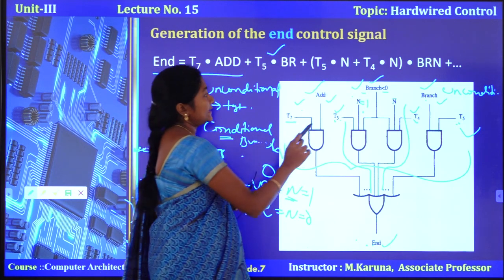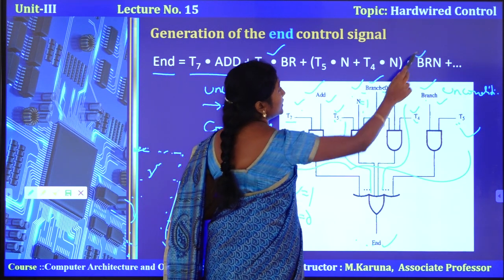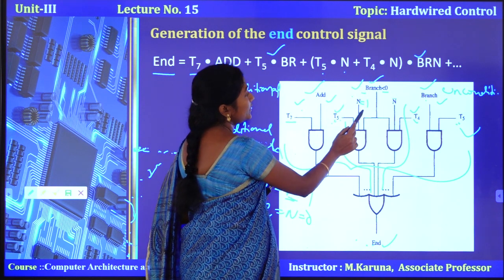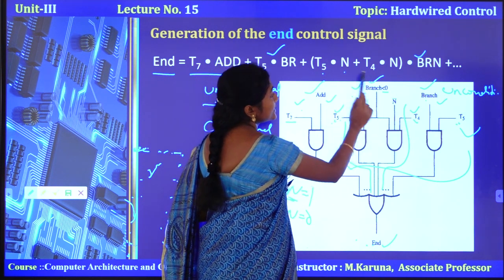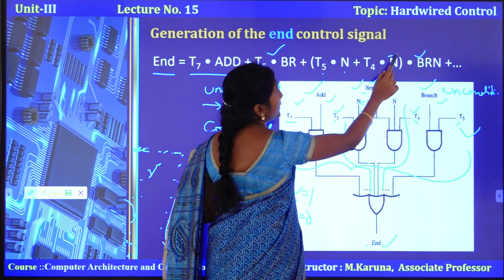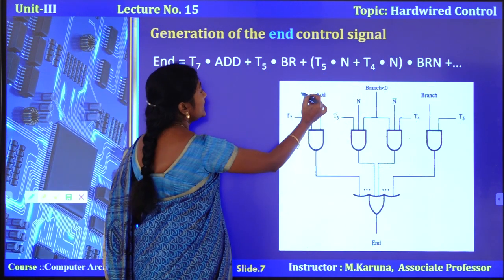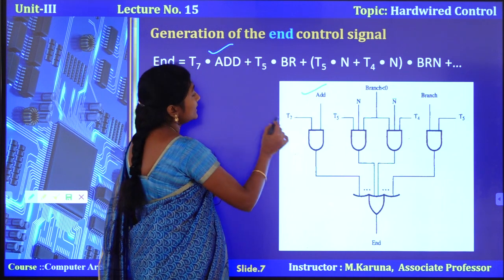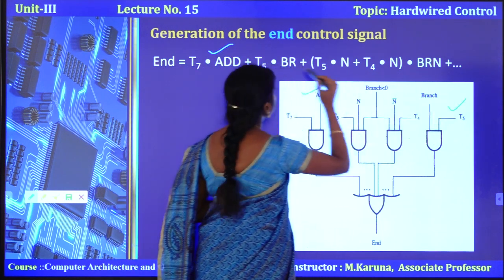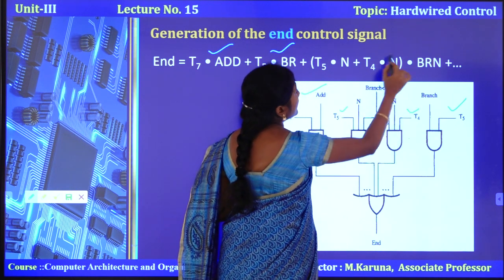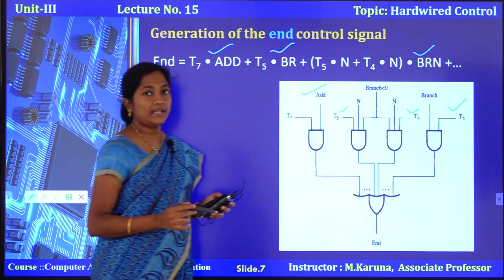Next, the conditional branch depends on T5 into N plus T4 into N bar. So T7 is for the add instruction, T5 for unconditional branch, T4 and T5 for conditional branch instruction.